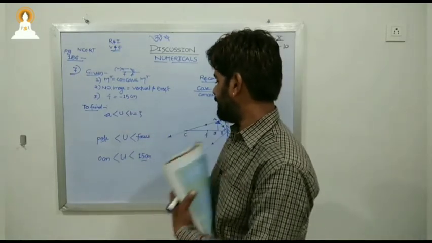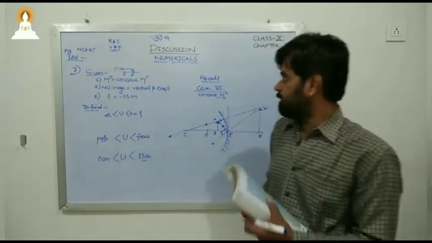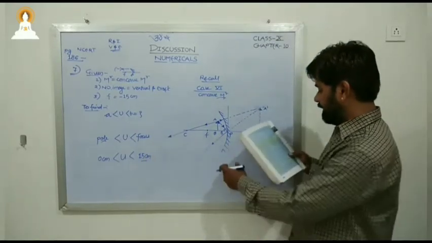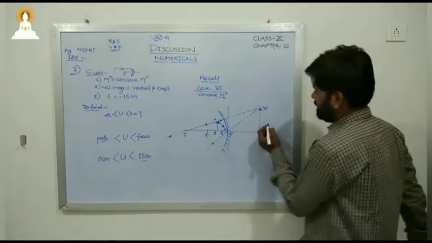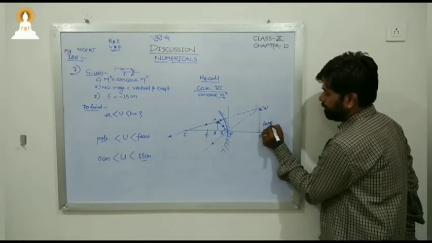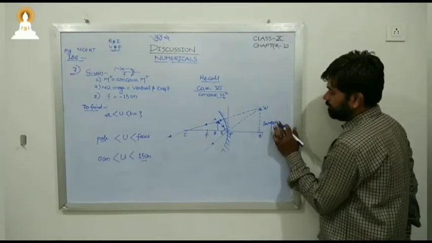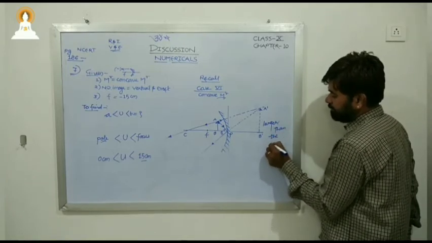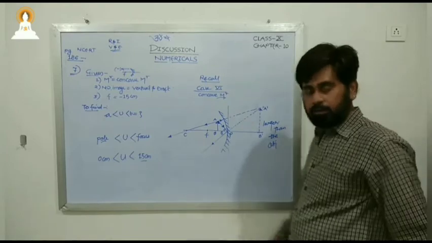We are taking only magnitude here. So this is question number 7, in which we have drawn the diagram. Is the image larger or smaller? The image is larger than the object.